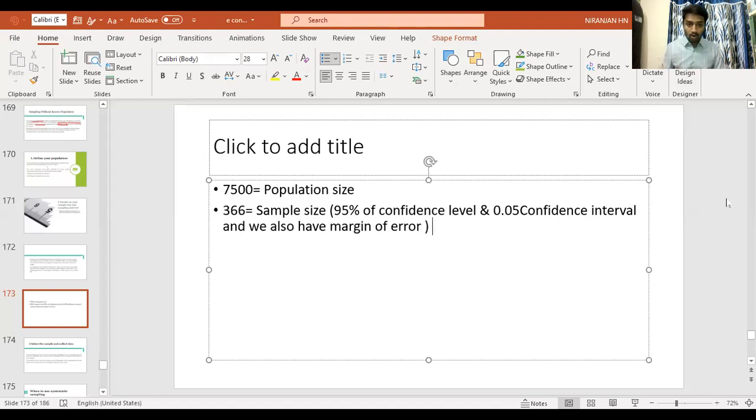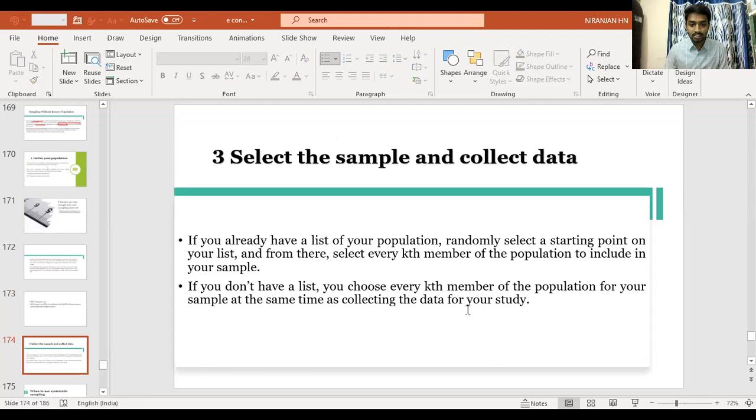So based on all this, out of our population size, we brought out 366 as our sample size.